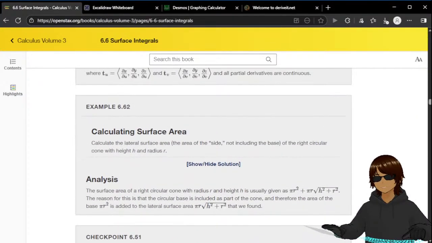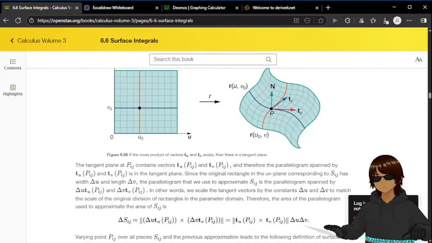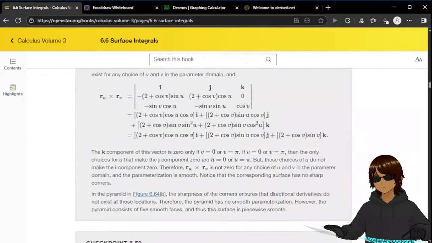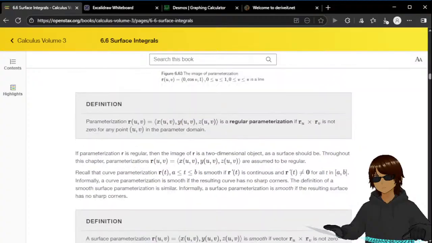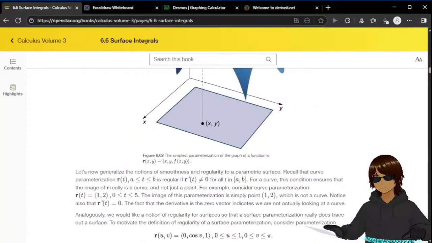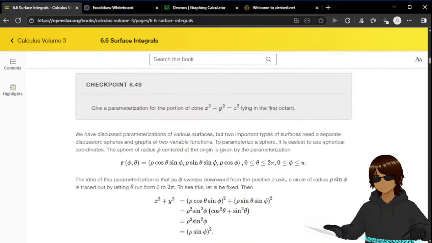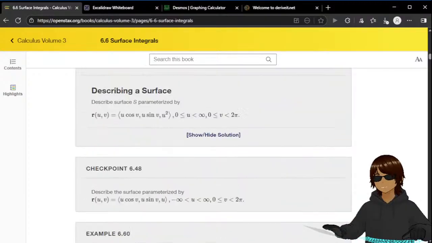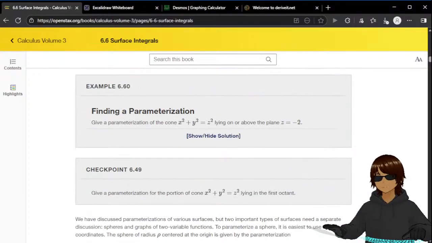Calculate the lateral surface area of the right circular cone with height h and radius r. Going up, I want to remember how they defined a circle. They defined a circular cone, right?